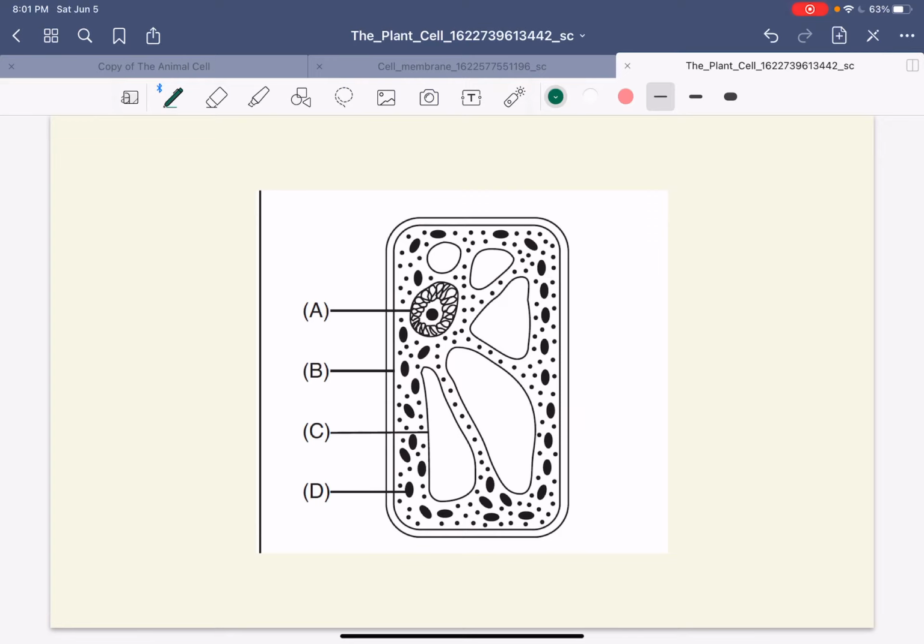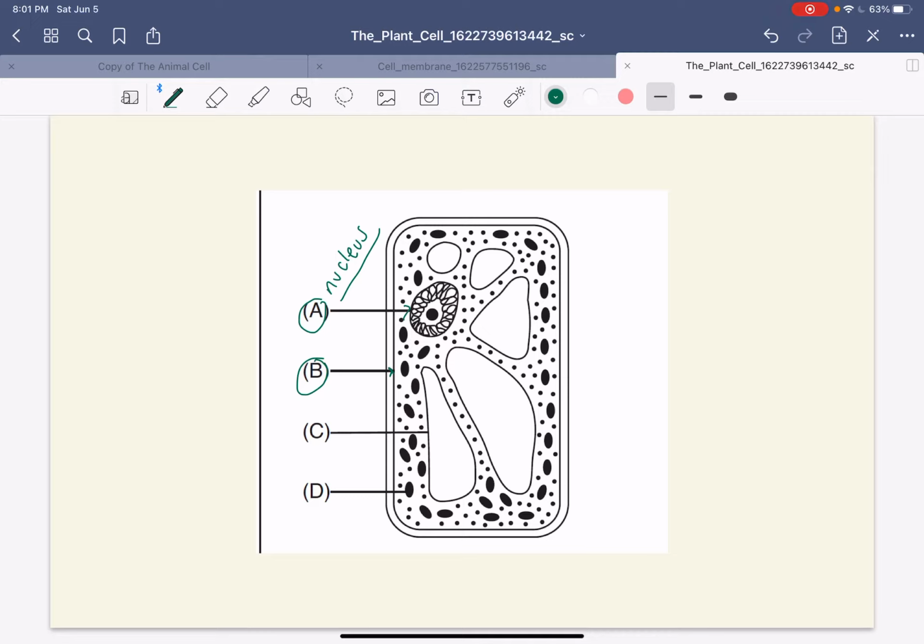And again, as I said before, we're definitely going to bump into some things that we've discussed in video 4 with the animal cell. So A is pointing to the nucleus. The nucleus controls all cell activity. It's like the brain of the cell. Now here we go with B. It's pointing to the inner layer.